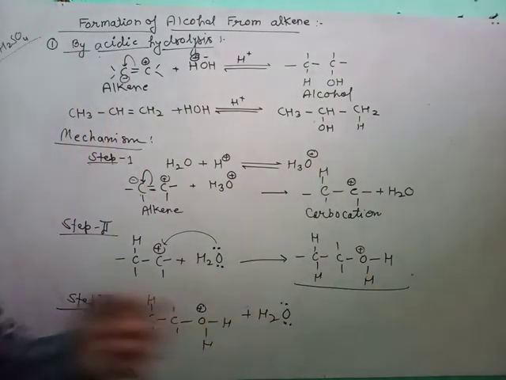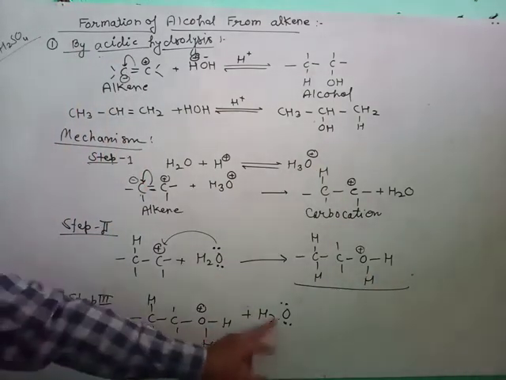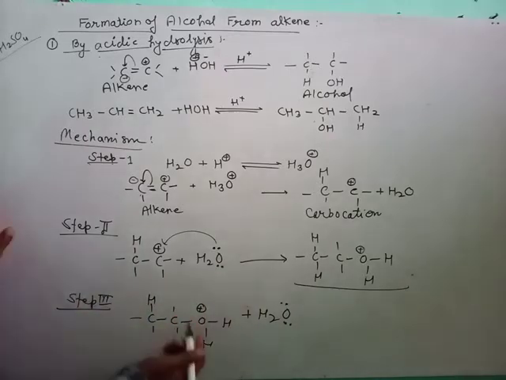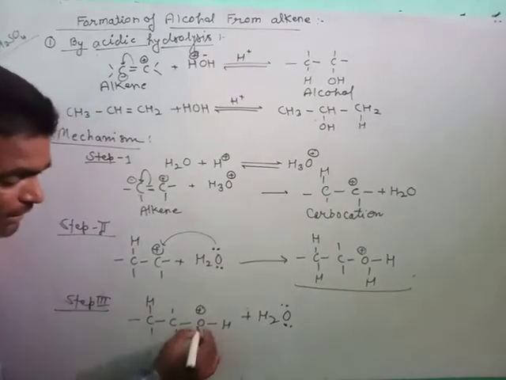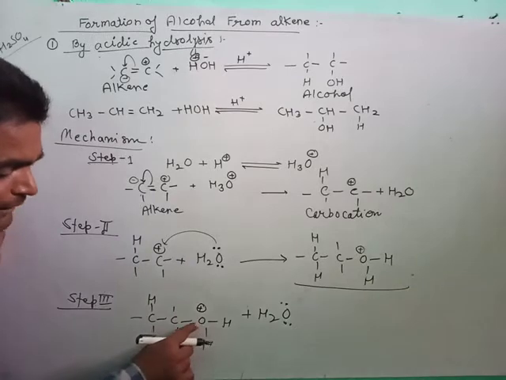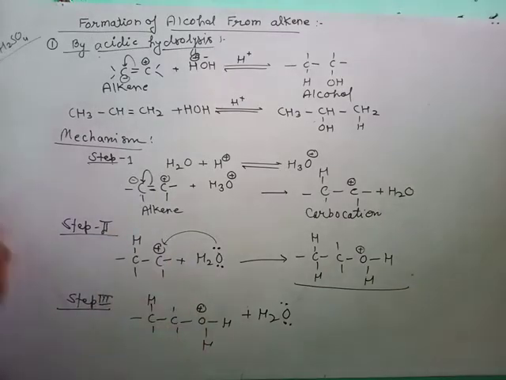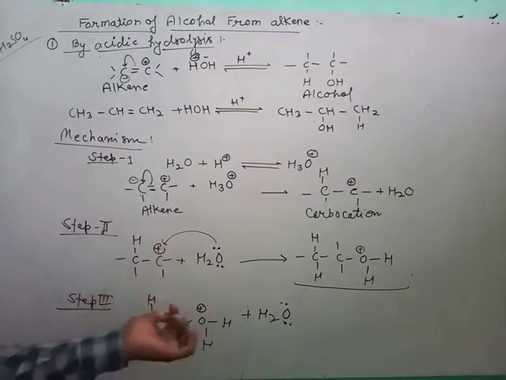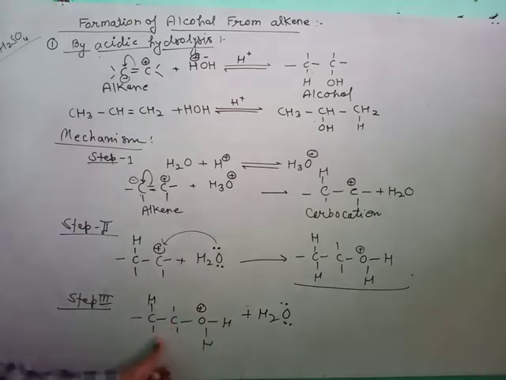Here this oxygen has an electron rich center, but the electronegativity of oxygen is more than the other elements of the bond, meaning oxygen is more electronegative than hydrogen, and oxygen is also more electronegative than carbon.